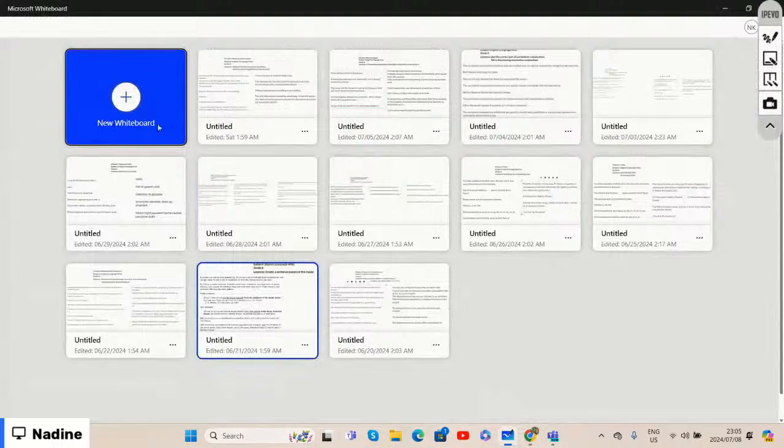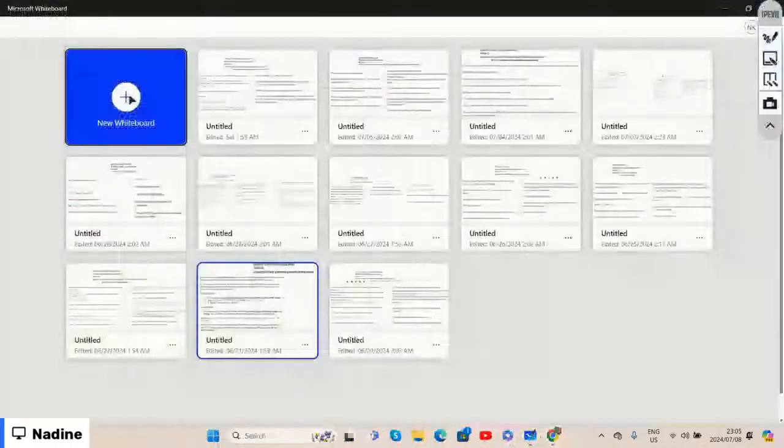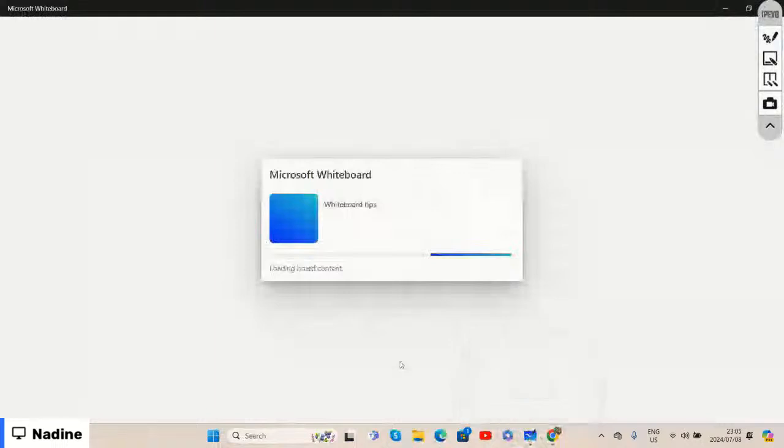So when it comes to sentences, fragments, and run-ons, in order for us to have a complete sentence, it has a subject as well as a verb, right?